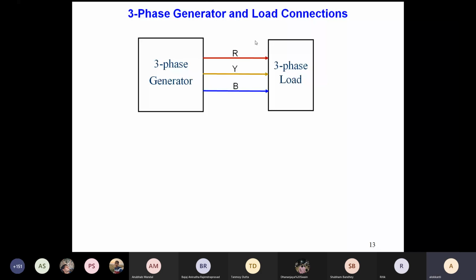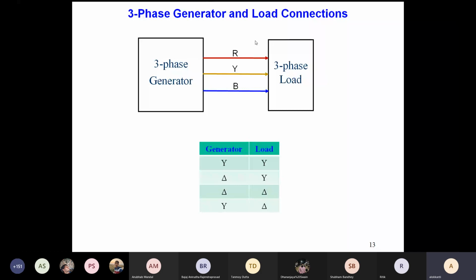So there can be several possible configurations: the generator can be a Y connected generator and the load is also a Y connected load. The generator can be a delta connected generator and the load is a Y connected load. The generator can be delta connected, the load is also delta connected. Similarly, if the generator is Y connected, the load is delta connected.